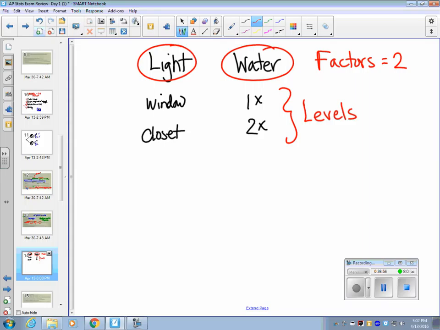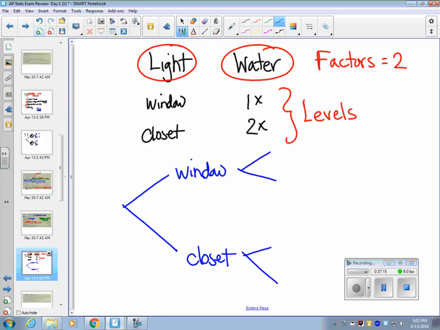Okay, so if I wanted to figure out how many treatment groups I needed, I'm going to put them by a window and then by a closet. And then I'm going to look at 1 time a day, 2 times a day, 1 time a day, 2 times a day.